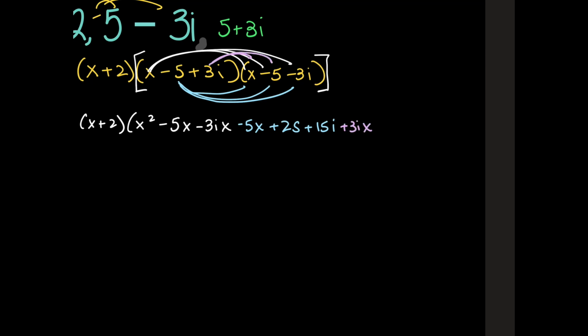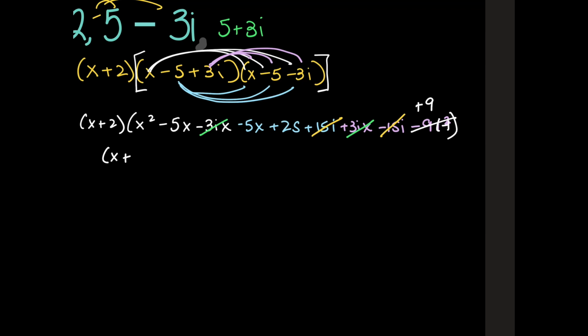Then 3i times negative 5. Then 3i times negative 3i, negative 9i squared. Check to make sure all the terms with the i's cancel out. So negative 3ix and positive 3ix. Positive 15i and negative 15i. And then the i squared becomes negative 1, and this becomes a positive 9.